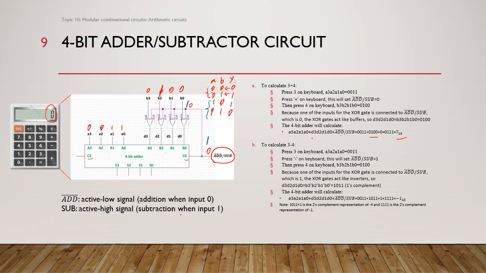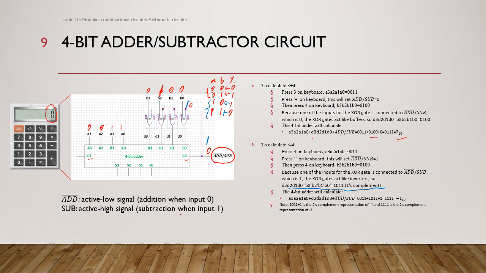So if we check these two combinations, we can see that Y is always the opposite of B, which means D3, D2, D1, D0 should equal the opposite of B3, B2, B1, B0 this time, which is 1, 0, 1, 1. Remember what this is? This is actually the 1's complement of positive 4.